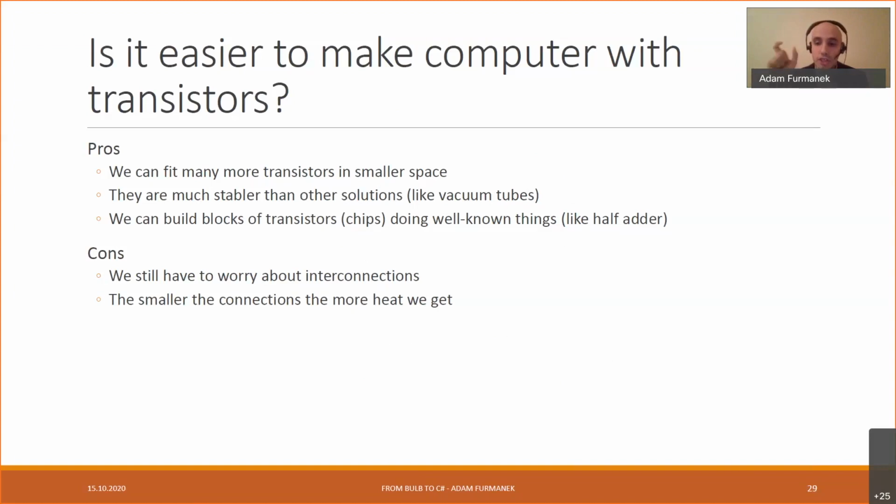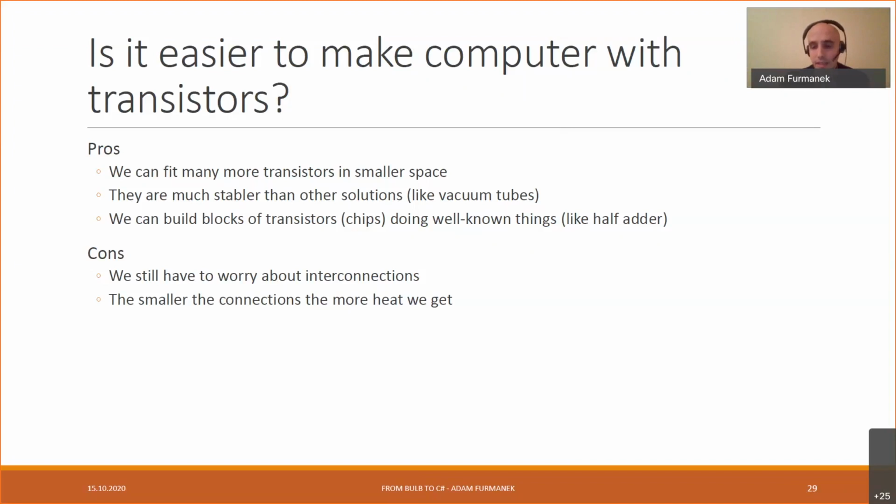So we can build a chip which is basically an adder capable of adding 8 binary digits or something like this, or chips doing other things like if conditions, and so on. We still need to think about the interconnections between transistors, and if we change our construction process to fit more transistors in a smaller space, we'll probably need to deal with the heat being emitted.